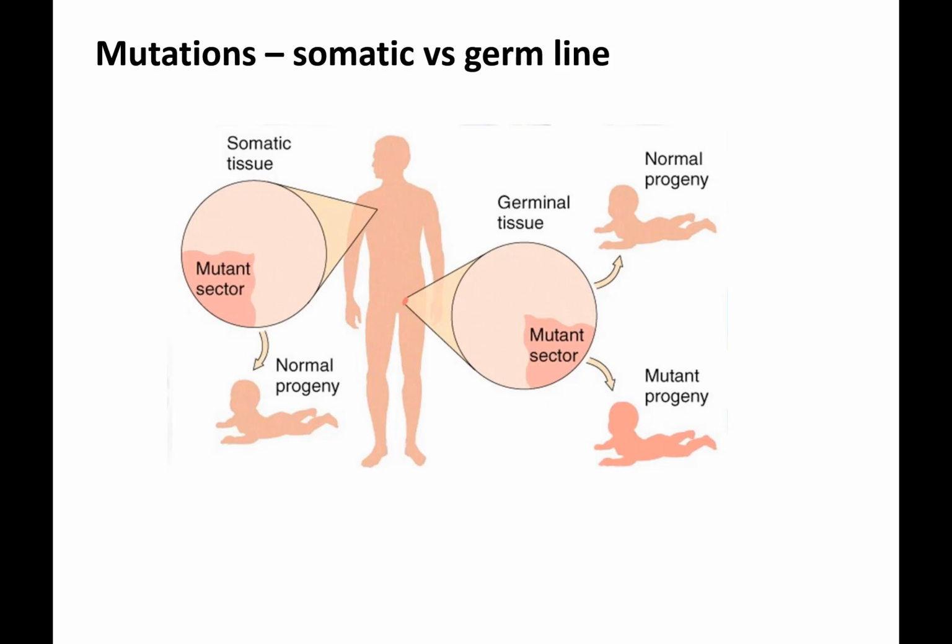Now, you can have somatic cell mutations, which are in all the cells of your body except the germline, or the gamete-producing cells. So a somatic cell mutation is just going to affect you.